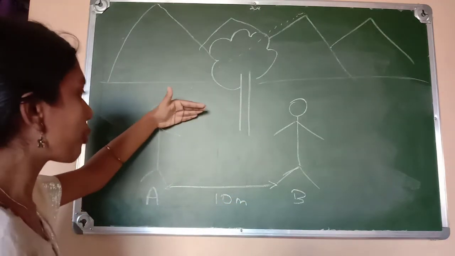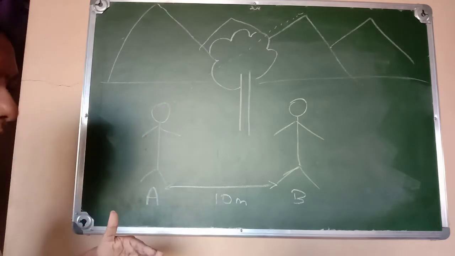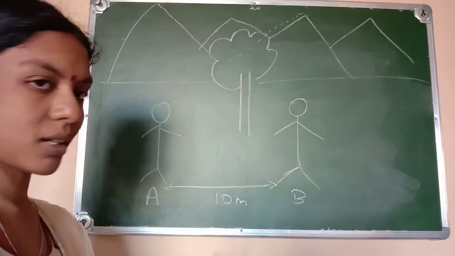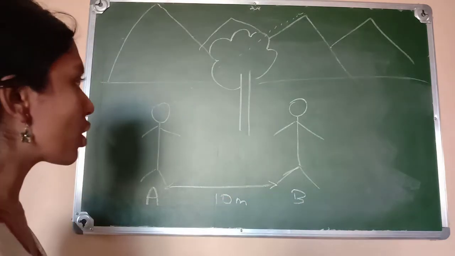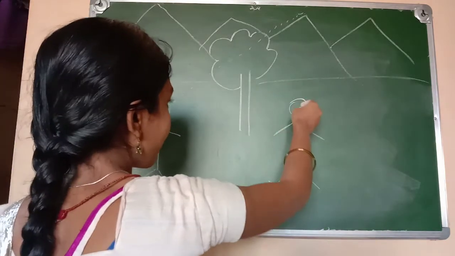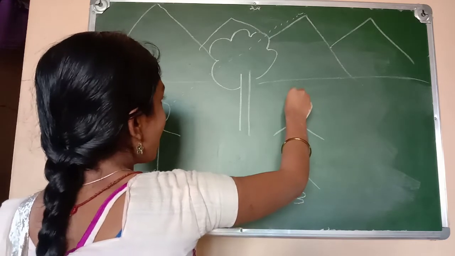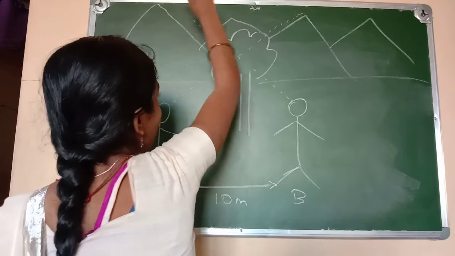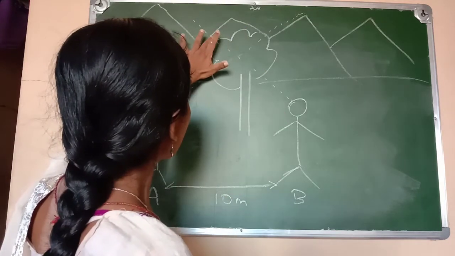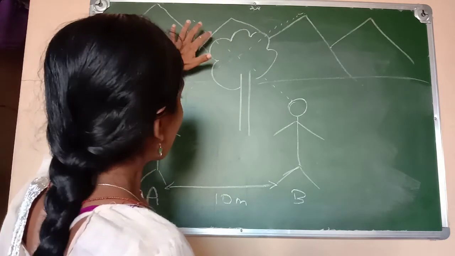He has not moved forward or backward, but he has just moved to his right by 10 meters. And now again you would see the tree, and this time you would see the background here, the mountain here.